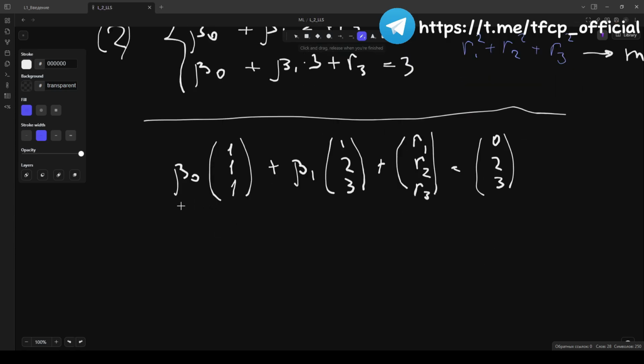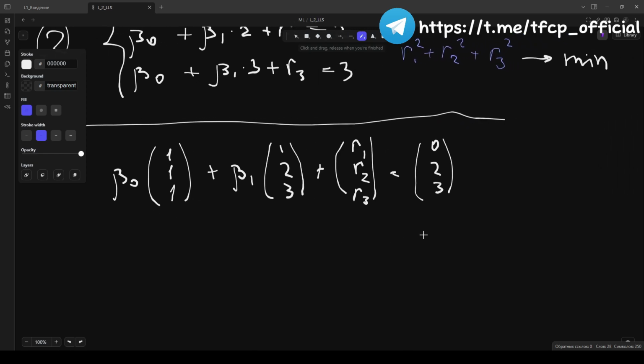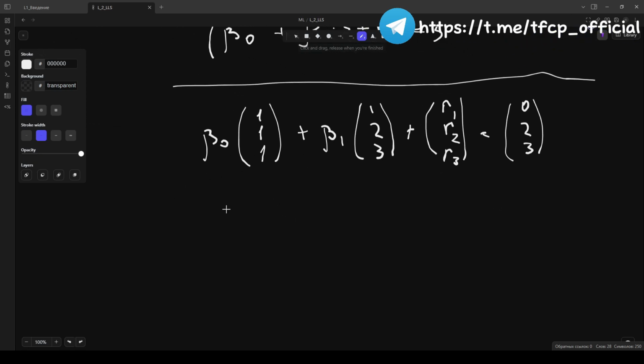Now I will introduce the notation. Since we are looking for v0 and v1, I will denote them using the vector x. This is a vector which has two components, namely v0 and v1.